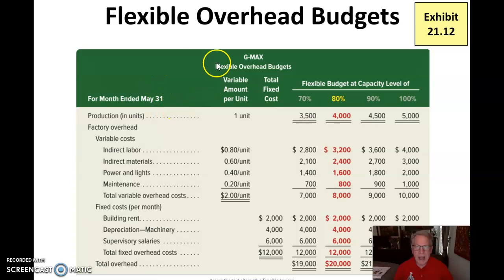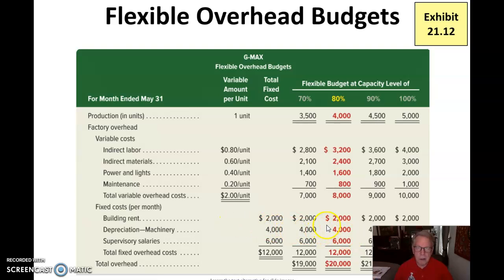When we left off, we were going to look at how we compute overhead controllable and volume variances. We have these flexible budgets, and we have different capacity levels: 70%, 80%, 90%, 100%. Now we're going to prepare our flexible budget using our variable cost per unit and our fixed costs.